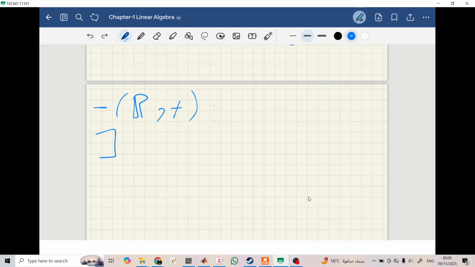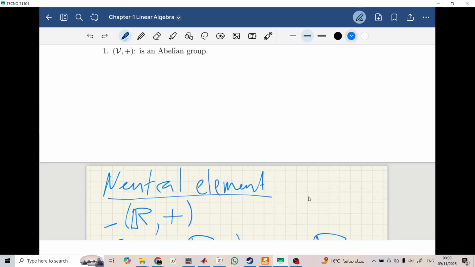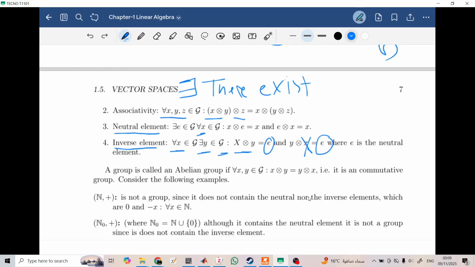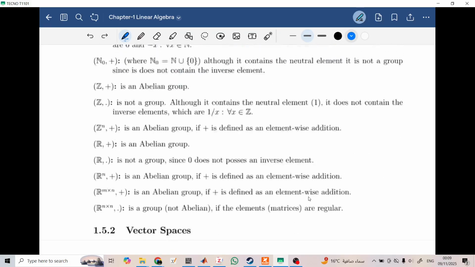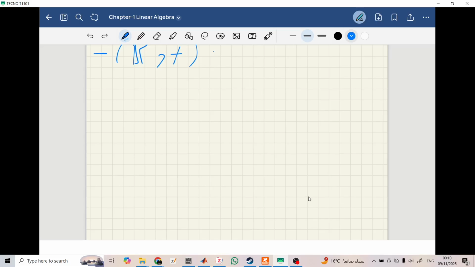Let's be precise. What was the condition? What was the definition? I think there exists, or for all x's there exists. If we flip them, it's not a big deal. So we say there exists an element, or for all x's there exists an element.